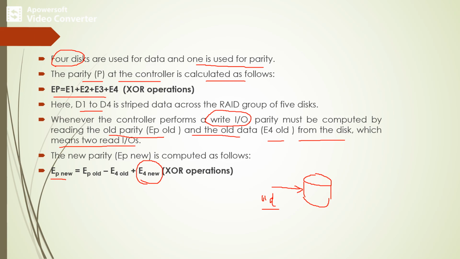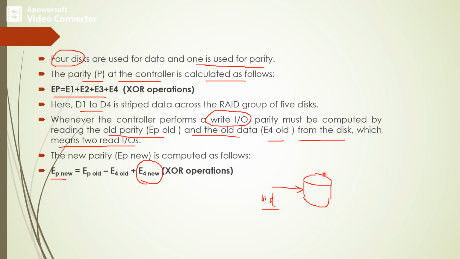The equation to compute the new parity is EP new is equal to EP old minus E4 old plus E4 new. So whenever any update or new write comes with respect to the disk, I have to compute the parity value once again.